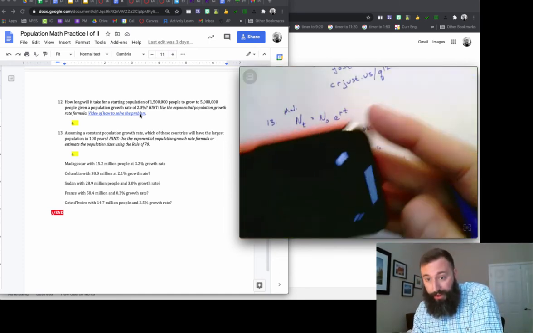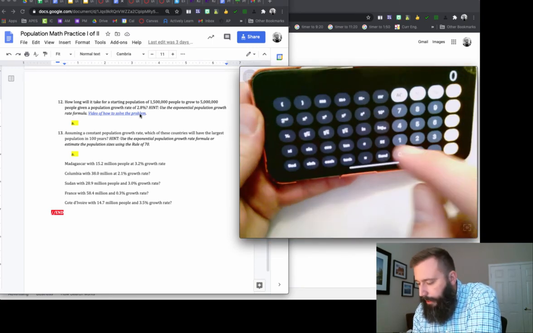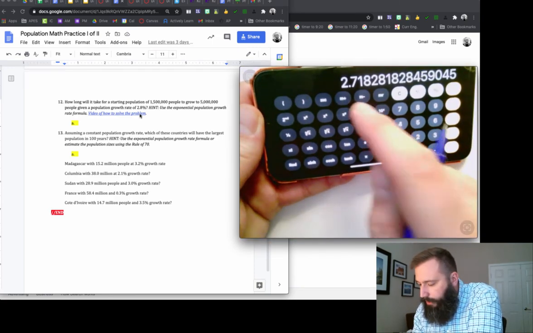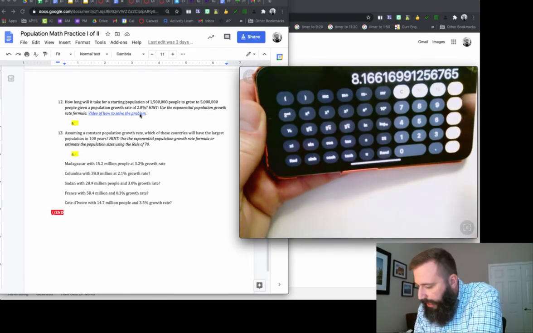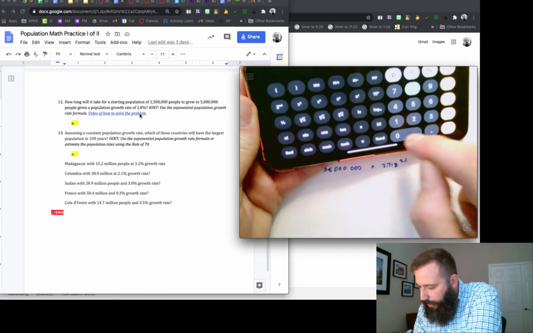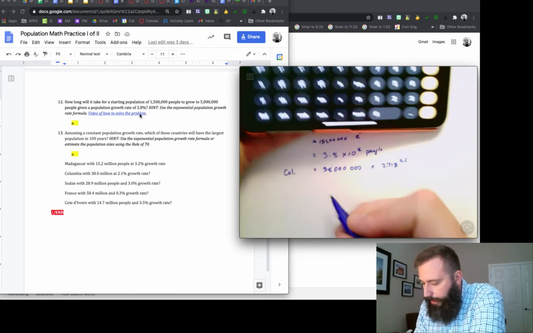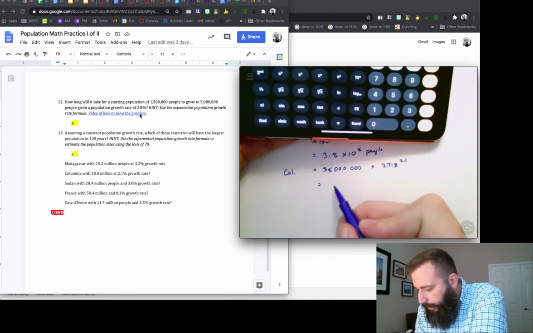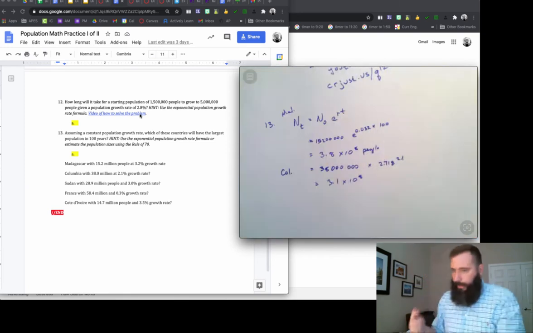Remember, 0.021 times 100 gets me the answer pretty quick. So e to the 2.1 times 38 million people is equal to 3.1 times 10 to the 8th people.